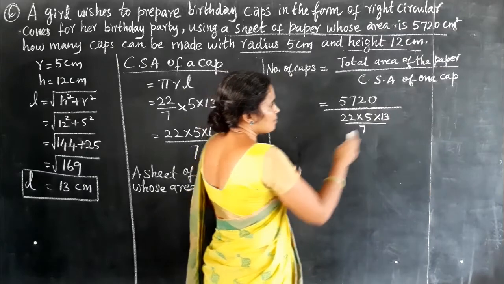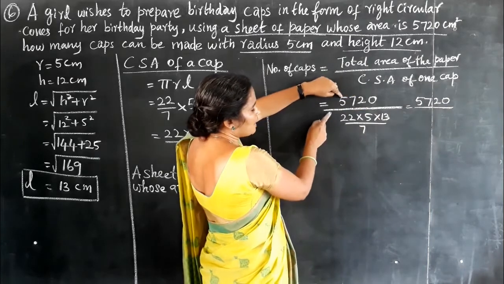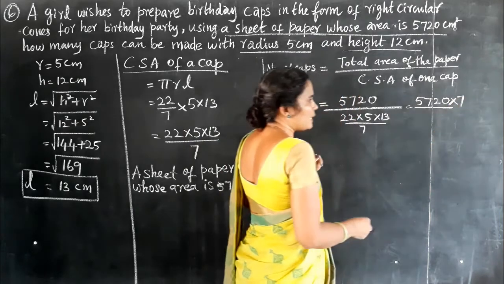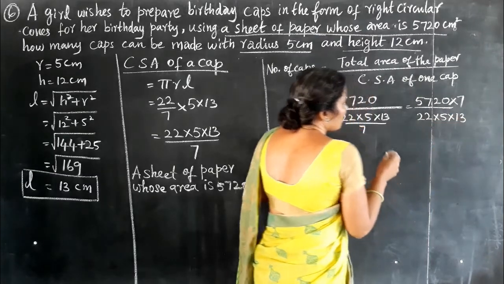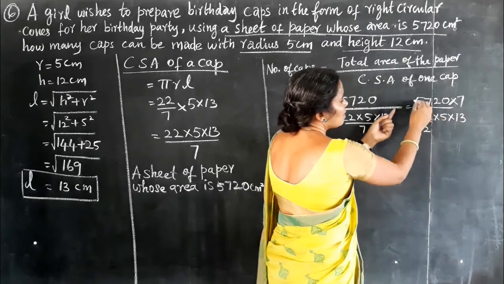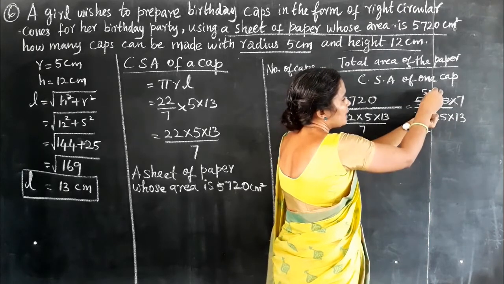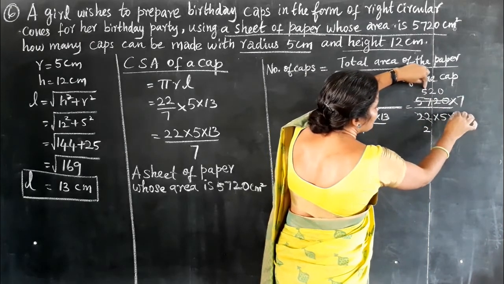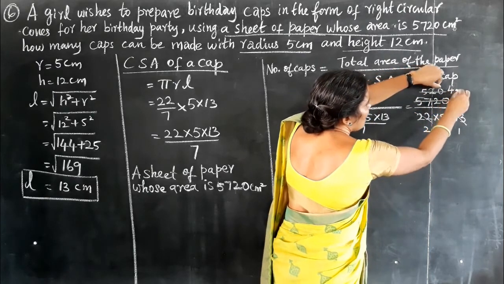In the next step, 5720 divided by a fraction, so take this denominator to the numerator. So 5720 divided by 22 into 5 into 13. 11 2s are 22, 11 5s are 55, remaining 2, 11 2s are 22, remaining 0. Now 13 1s are 13, 13 4s are 52, so 4 and this 0.